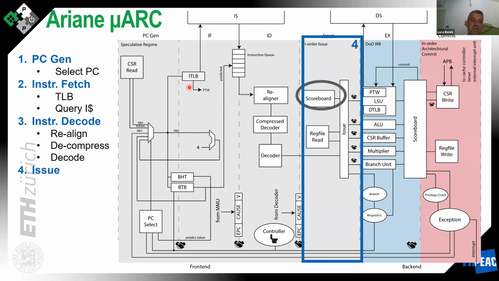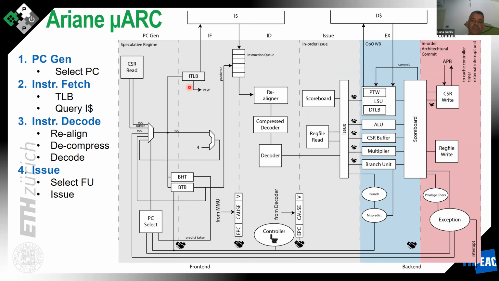Through the scoreboard, we select the functional units that will have to be targeted by the instruction once the instruction is issued. And then we send the operands from the register file to the issue logic to be then used by the instruction units.